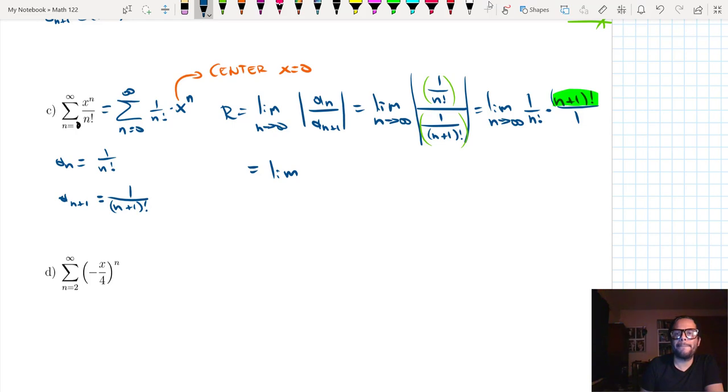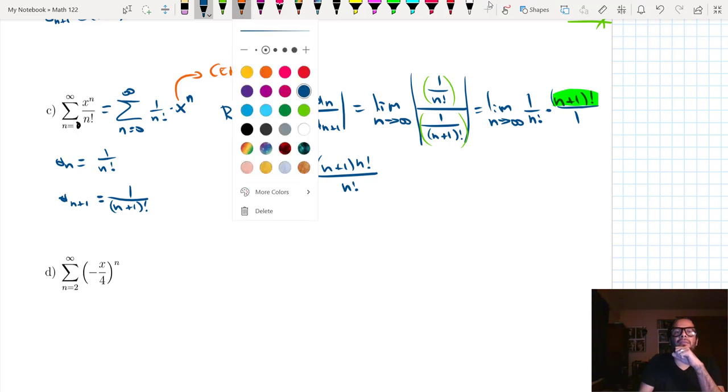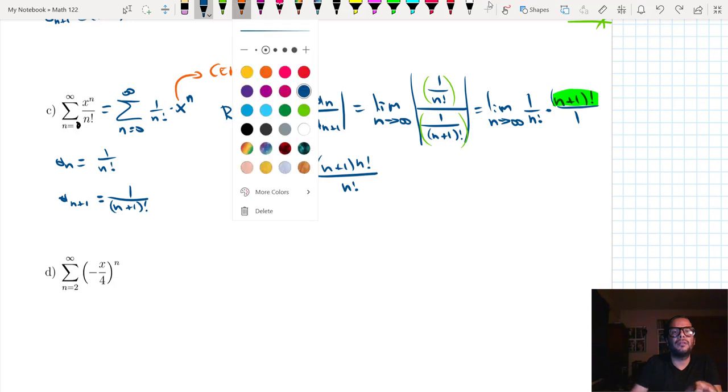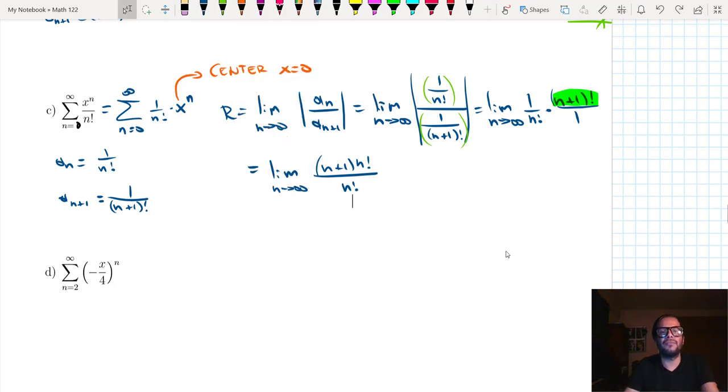Limit as n approaches infinity of (n plus 1) times n factorial over n factorial. In this case, we divide out these two and cancel those n factorials.